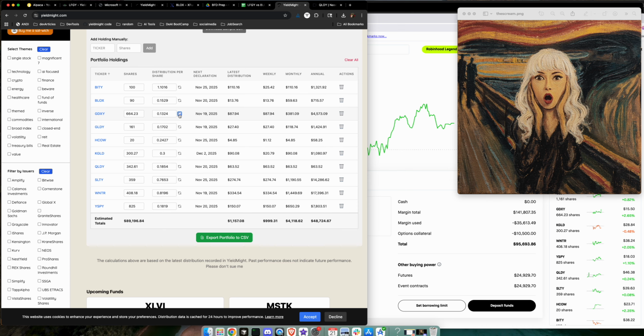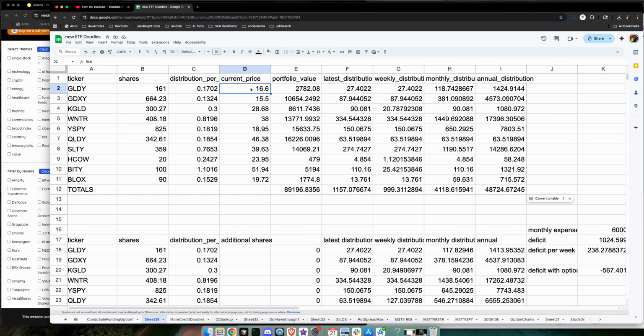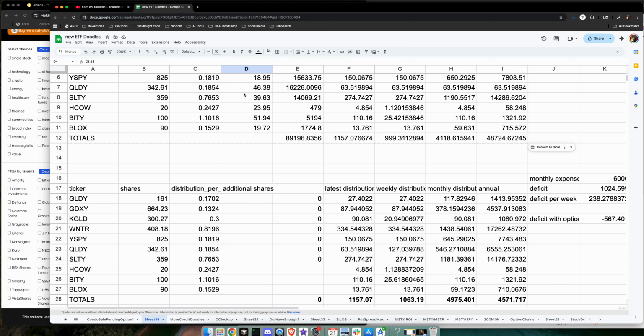So I exported this, and then I imported it into here, and I wanted to keep what was actually exported up here and not mess around with it. But what I wound up doing was just going onto Robinhood and figuring out what the current price was for some of these that I was interested in buying more of.